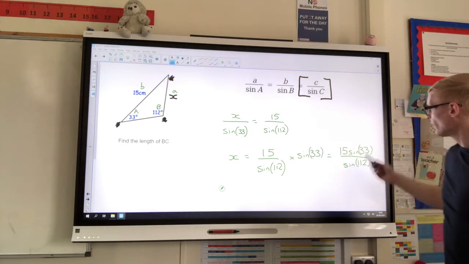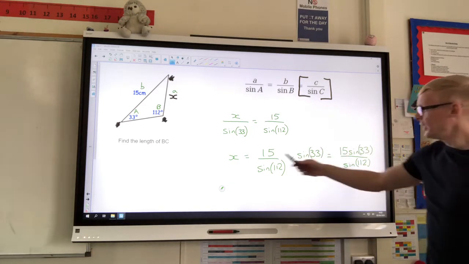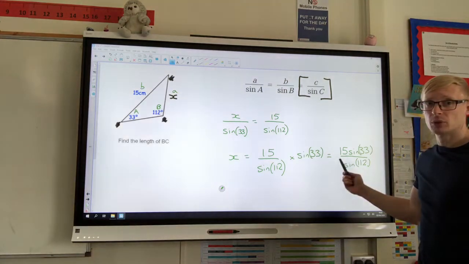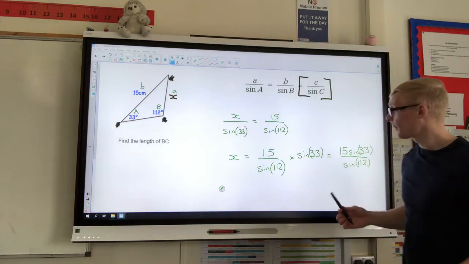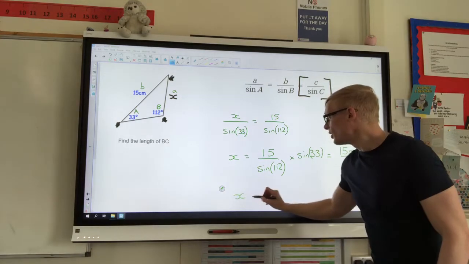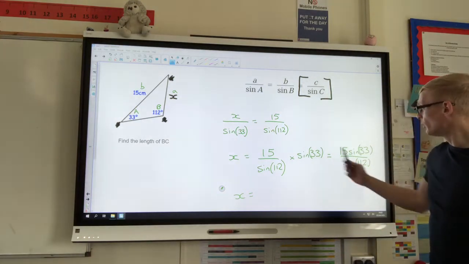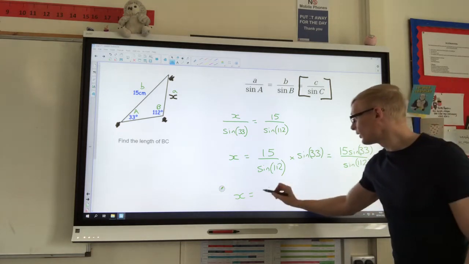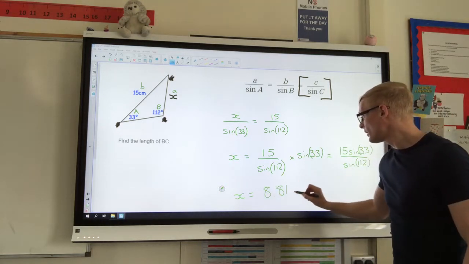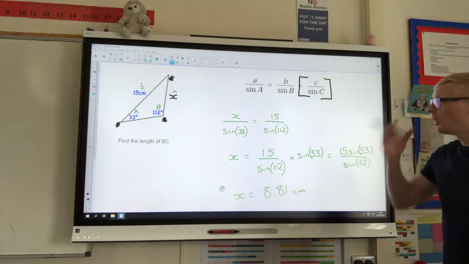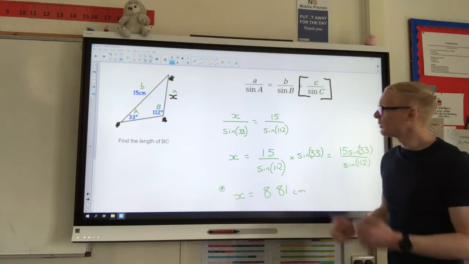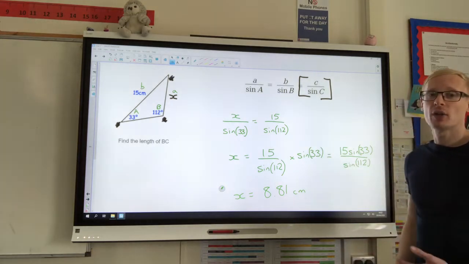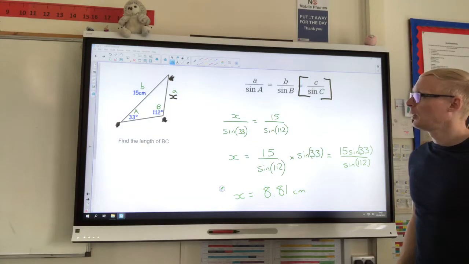So I could have it written like that instead. These 2 things mean the same, okay? Either of them is fine in your working. The last thing to do, however, is just to type one of these 2 forms, probably this one, into your calculator, and then round it to 3 significant figures, which gives you 8.81 centimetres. So I'd like you to pause the video and just make sure you copy that down, maybe rewind it, check you understand what I've done there.